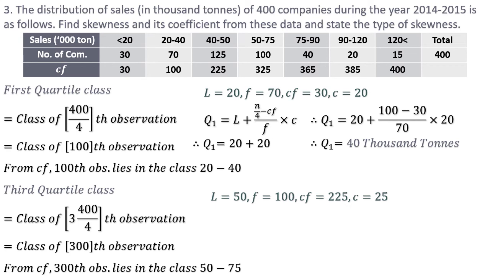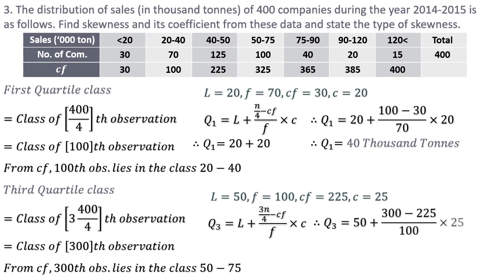The cumulative frequency before our class is 225 and the class length of our class is 25. Putting the values in this formula of Q3, we get 50 plus 300 minus 225 upon 100 into 25. When you solve this, you get 50 plus 18.75, which is 68.75 thousand tons.